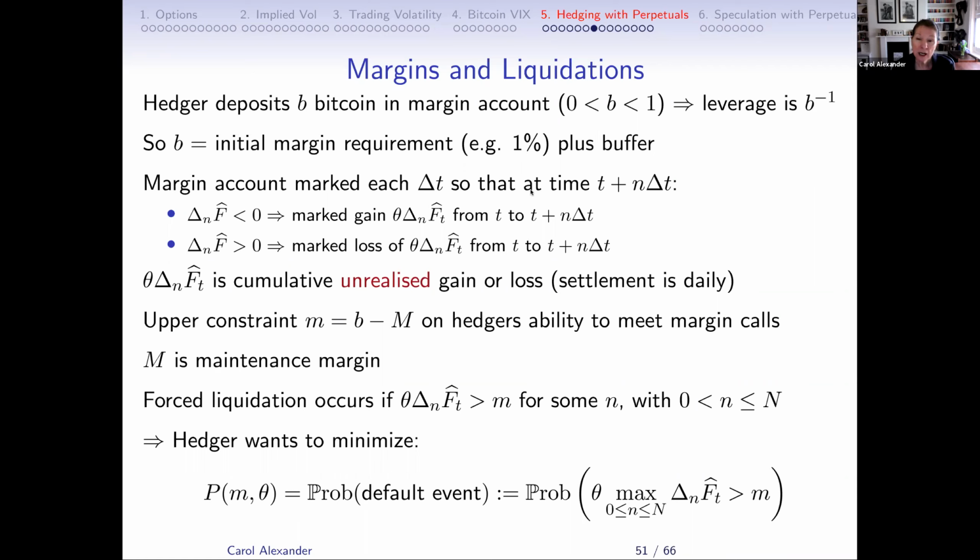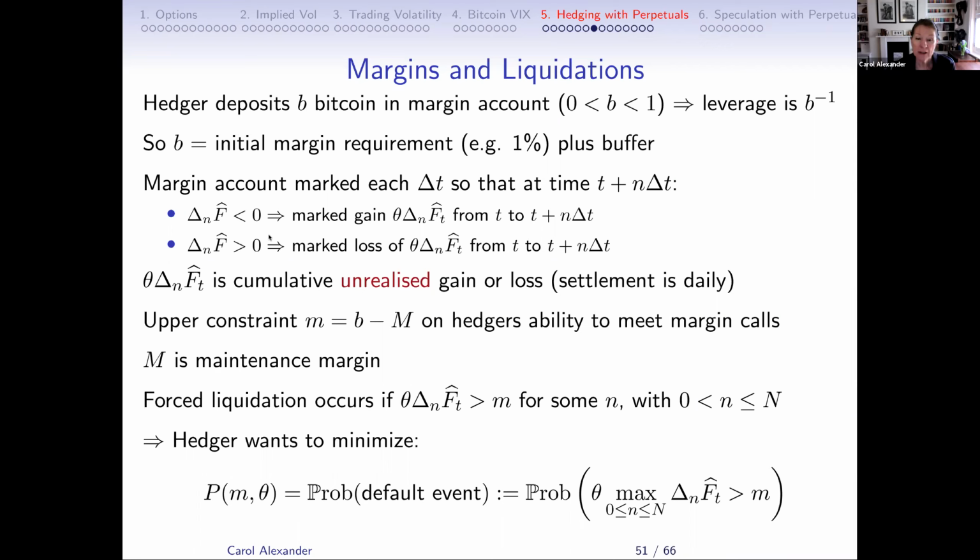And so at that time, if the change in marked price of the inverse future is less than 0, there'd be a marked gain. And if the change in the marked price is positive, there'd be a marked loss. So this thing here is the cumulative, because as n increases, it's a cumulative thing.